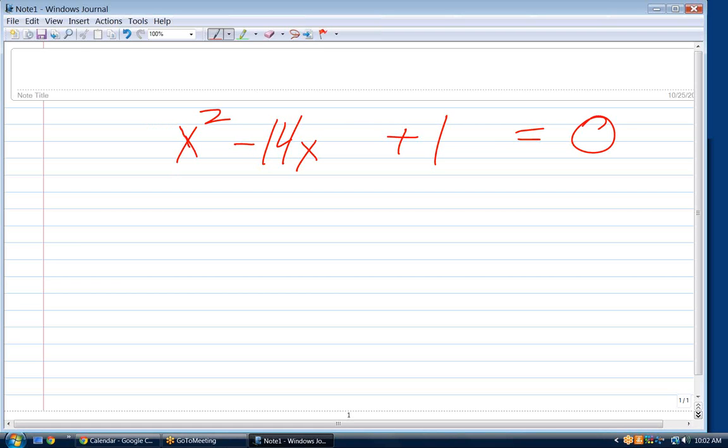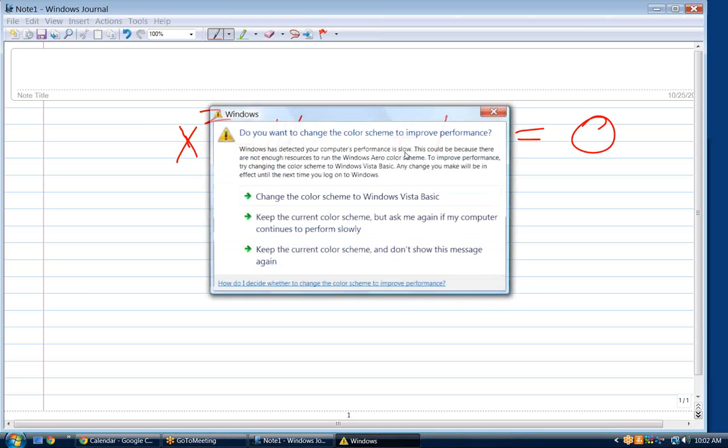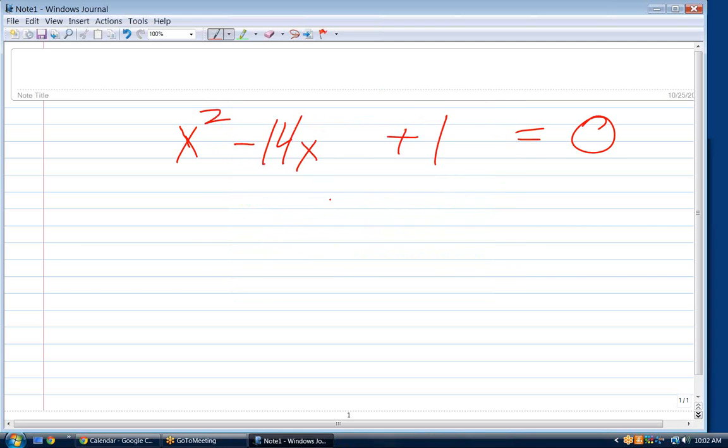If we were completing the square in order to put it into vertex format, we would leave this 1 on this side of the equation. And the reason is that vertex format looks like this, x minus h squared plus k, so everything's on the same side of the equation.